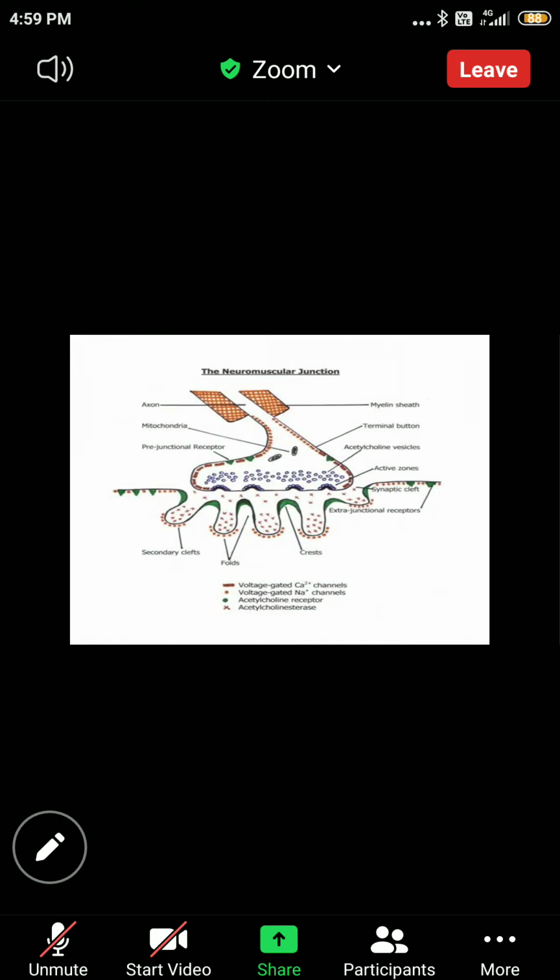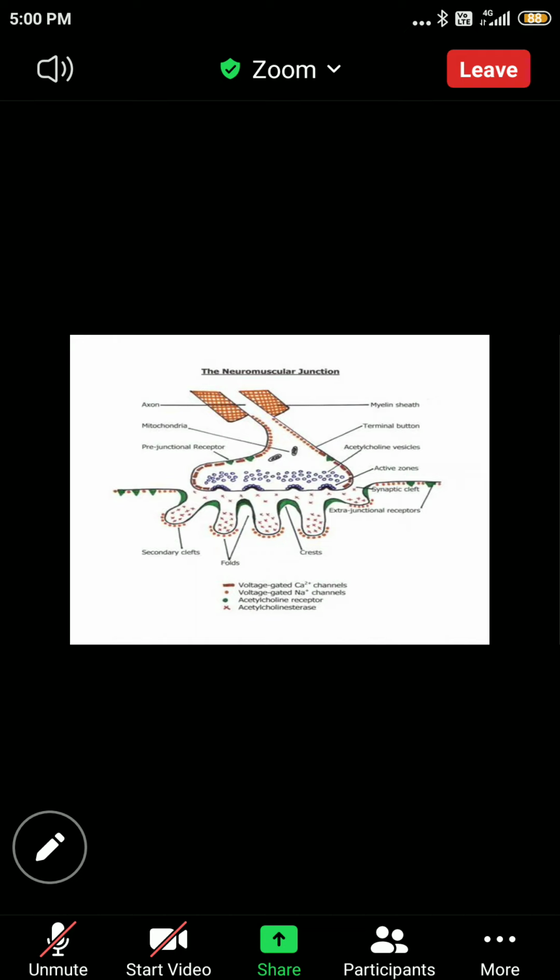Once the depolarizing change has occurred, acetylcholine will be released back from the receptors into the synaptic cleft.